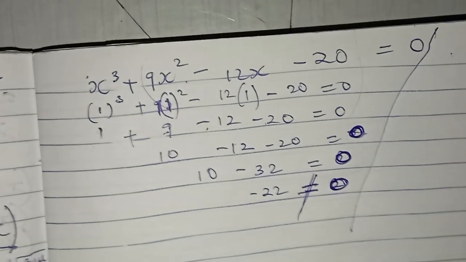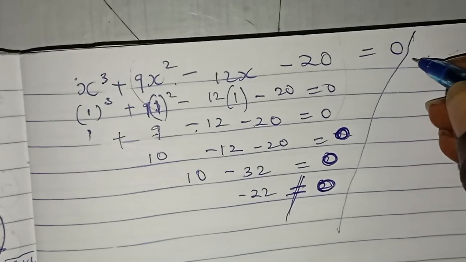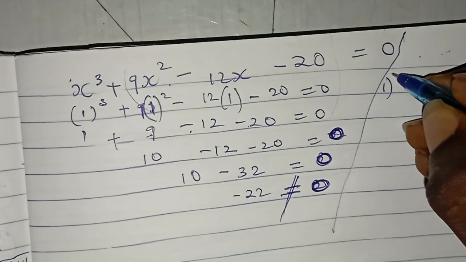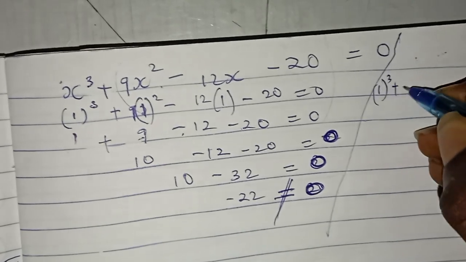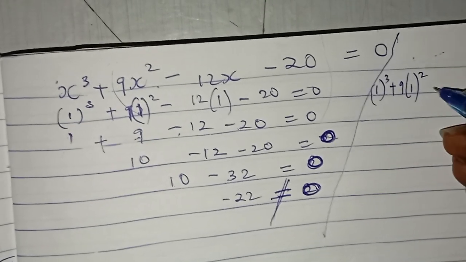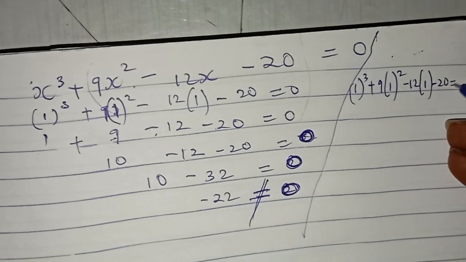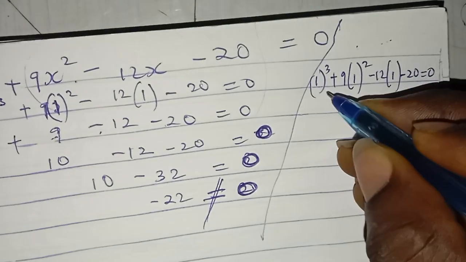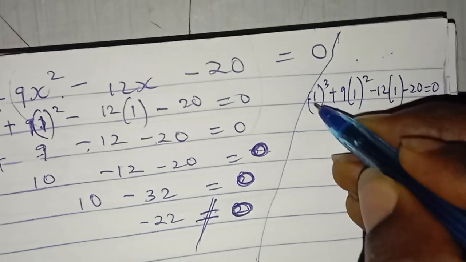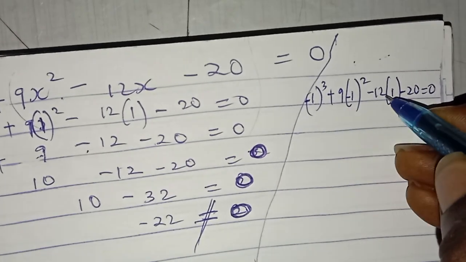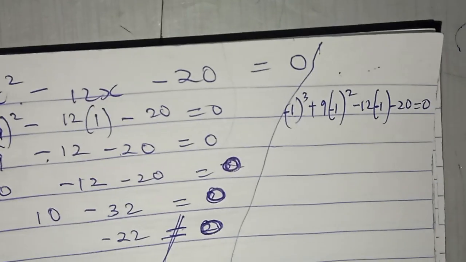So let's say I come here and put 1 raised to the power 3 plus 9 into 1 raised to the power 2 minus 12 into 1 minus 20 equals to 0. And notice that the 1 is minus this time around. Somebody will now come and start asking me, how are you getting minus?